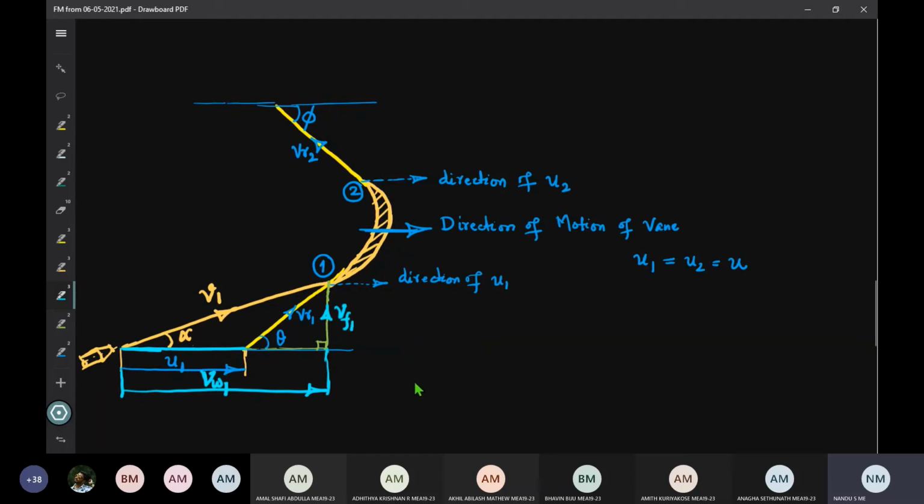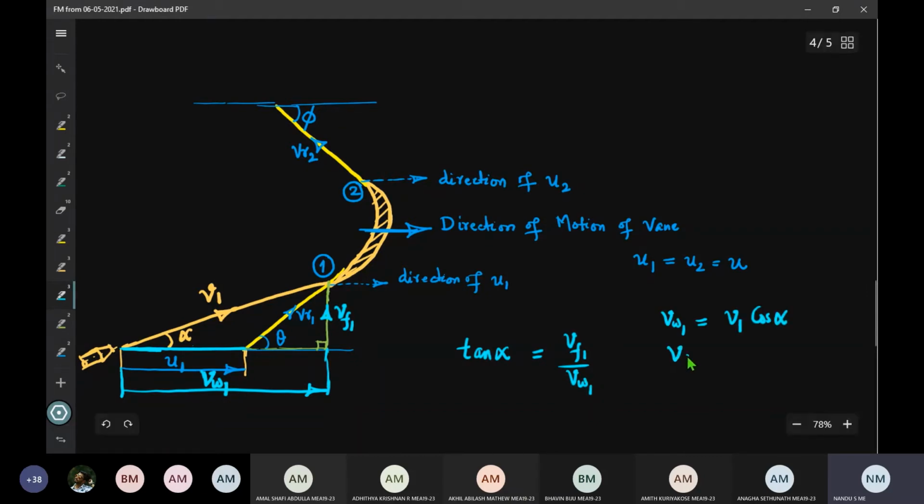Naturally, using the Pythagoras theorem, what information can you get from this right triangle? The base represents VW1, the hypotenuse is V1 and the altitude is VF1. So if you take tan alpha, it is VF1 divided by VW1. VW1 is V1 cos alpha.